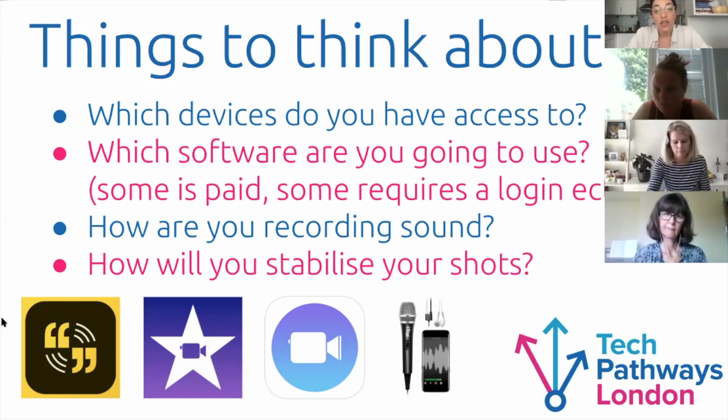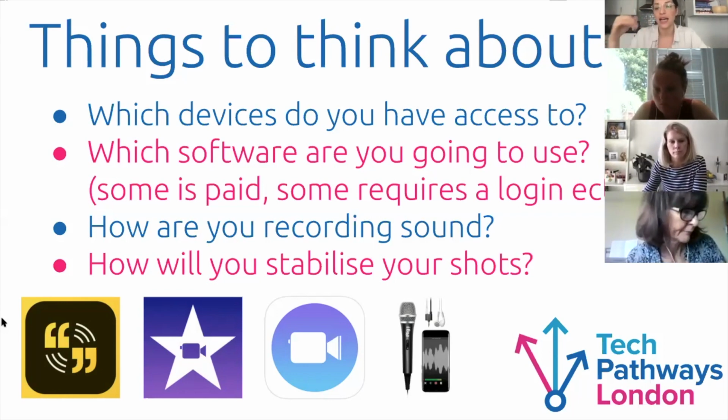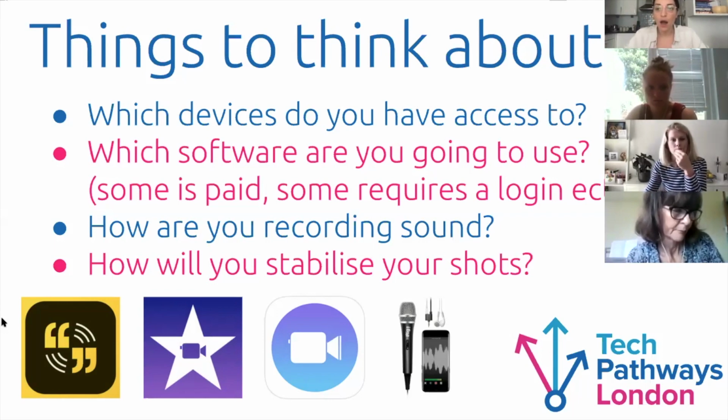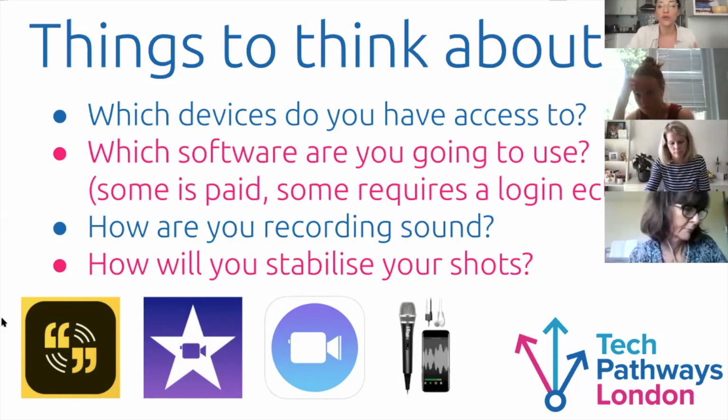Depends what you're trying to do with your film, but if what you're trying to get is a voiceover or somebody telling a narrative, you're going to want to try and get clean audio on that. The two options there really are making sure that you're recording somewhere incredibly quiet, which, if you have access to a rehearsal room in an empty building or something like that, could be a good option, or recording your audio separately.